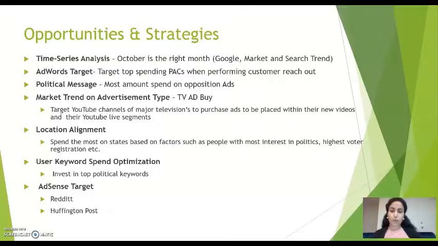And when we do, we can reach out to Reddit and Huffington Post to have them place the political ads that are placed by our PACs based on the political searches that we see, so that we can target the users of Google search and YouTube, as they tend to gravitate towards sources such as Reddit and Huffington Post.